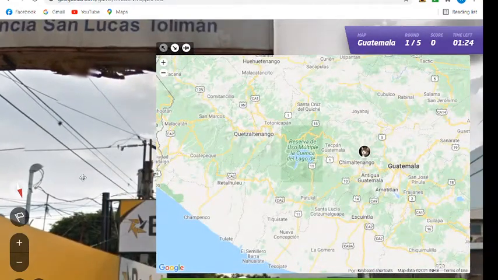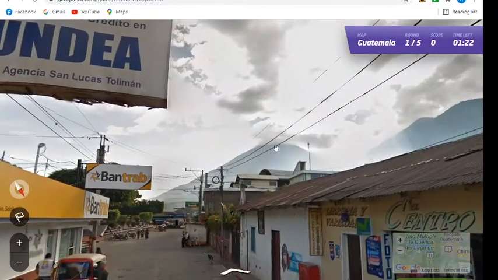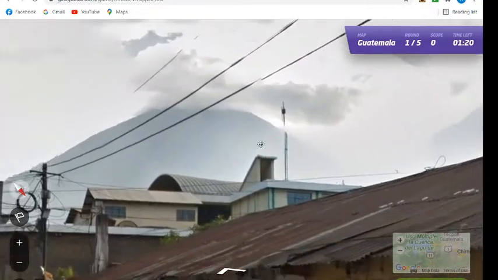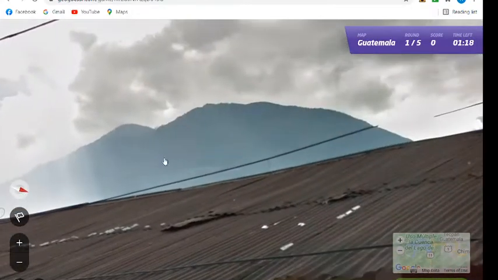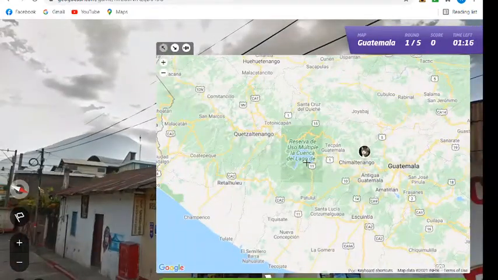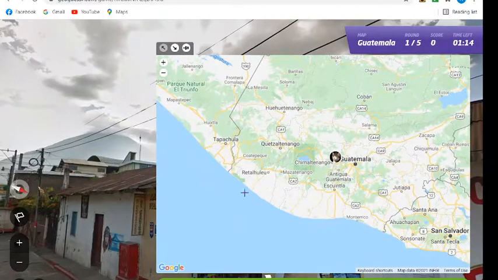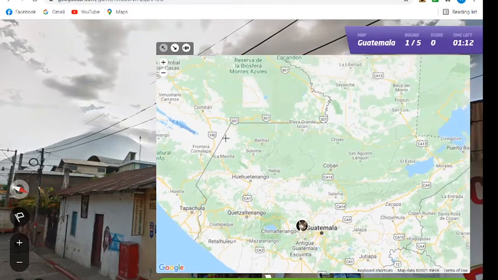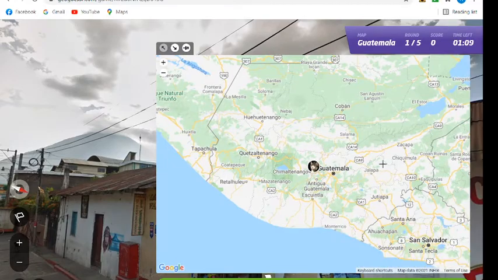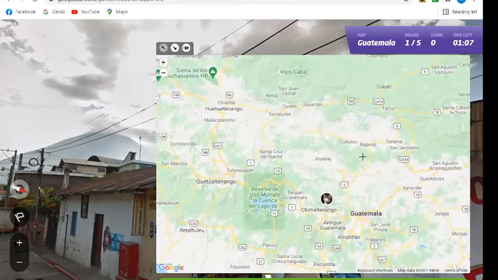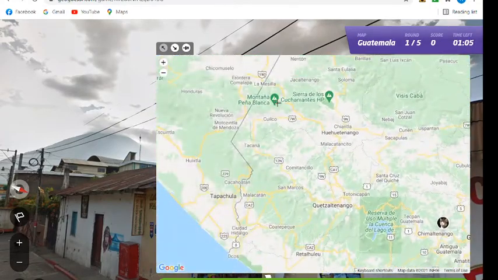So I've got a plunk near Guatemala City. Okay, there's a big volcano. So that indicates that we're not near the coast, and we're also not up here either. We're in the belt where most of the Guatemalan population lives here.